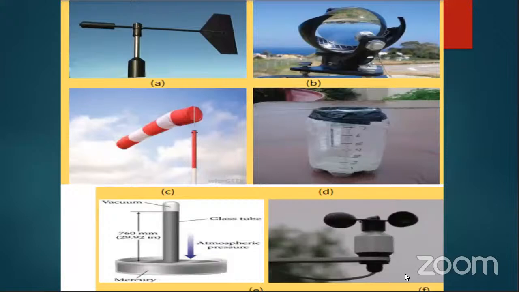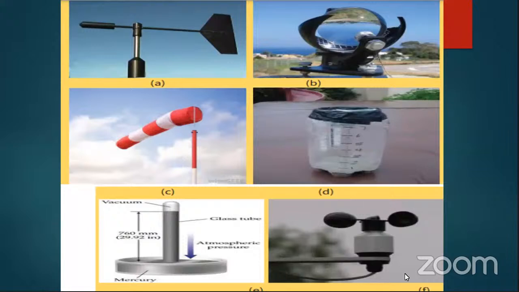Yes, many people are putting up their hands, and that is an indication that they have seen what has been displayed on the screen. So some of those instruments you can see are found in a weather station.